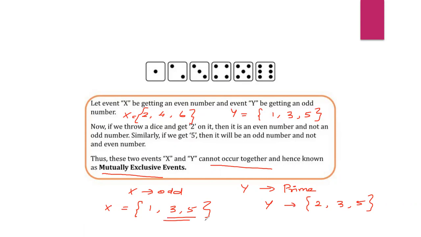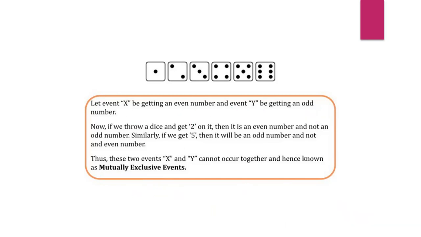It is not mutually exclusive. Can you see that? Because 3 and 5 are there, right? So in this case, we can't say that it is mutually exclusive. There are some outcomes in common, right? So this is about mutually exclusive events.